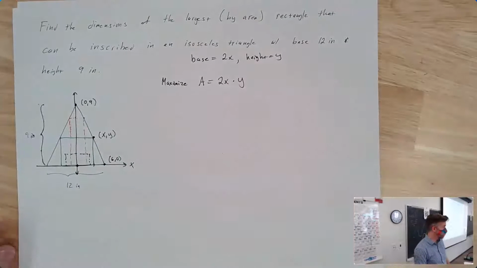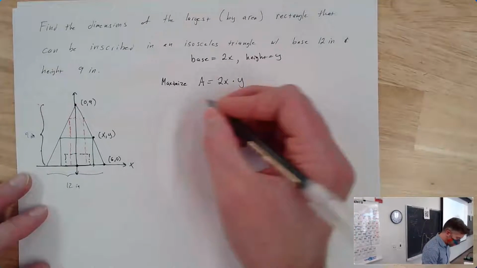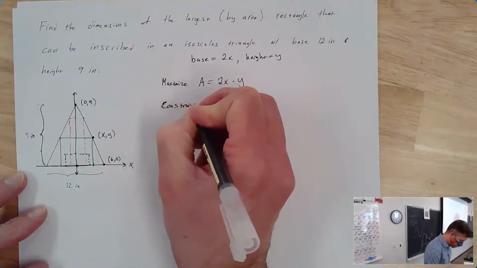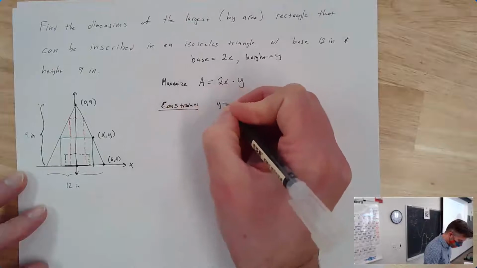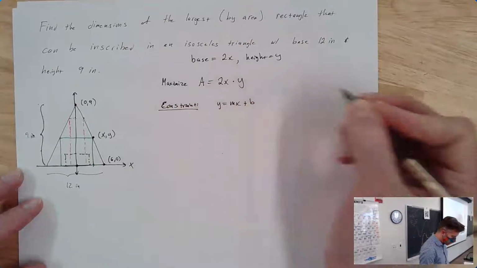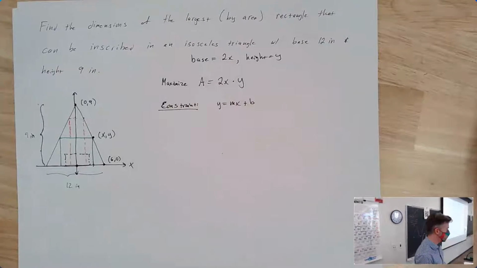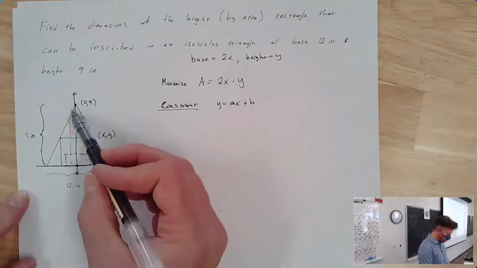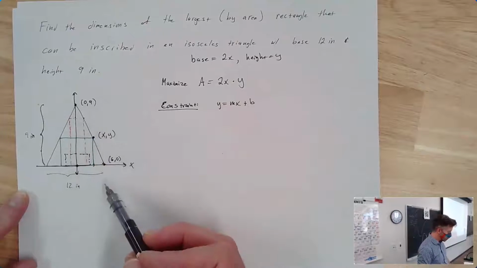And we can definitely find the equation of that line. We've got some y equals mx plus b action happening here. Now, we are pretty fortunate in that we already know what the y-intercept is. It's 9. And the slope is pretty easy to figure out because from 0, 9 to 6, 0, we're going over 6 and down 9.